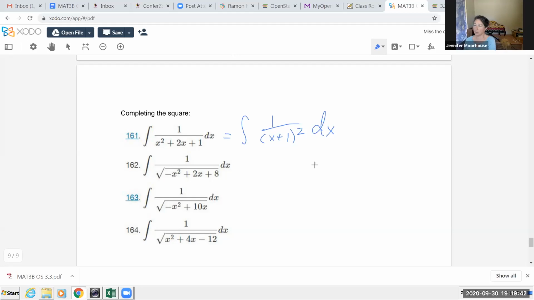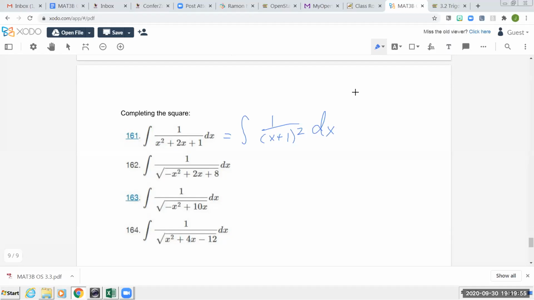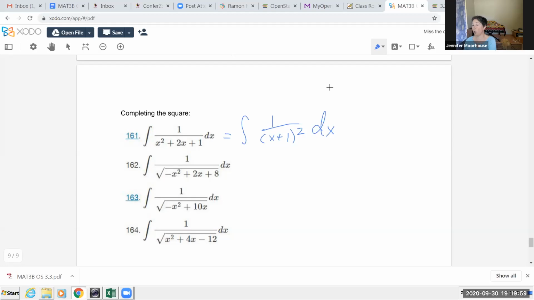Not yet. This isn't by parts, is it? Nope. Much easier than that. So it's almost a simple integration, but you have to do one little thing first. One substitution.